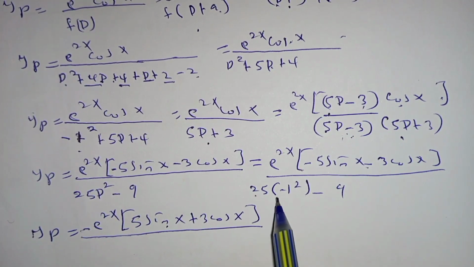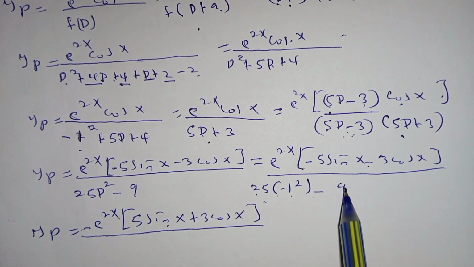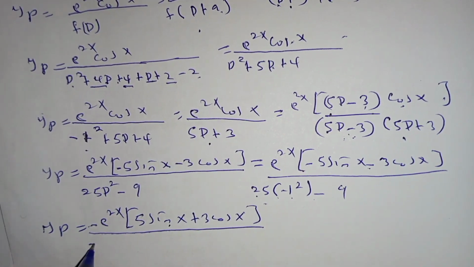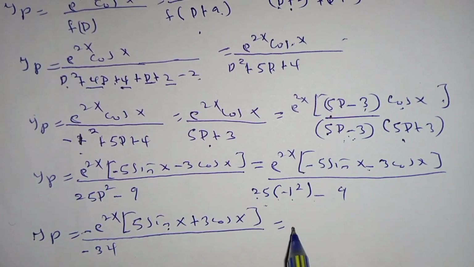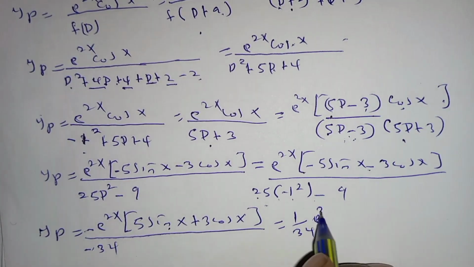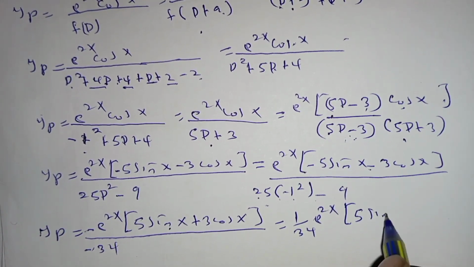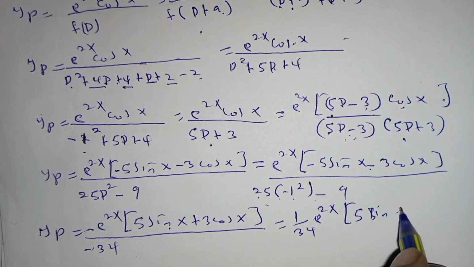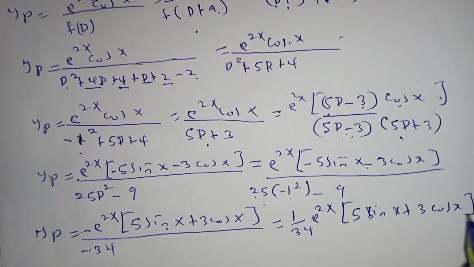Here you have 25 times negative 1, which will give you negative 25, plus negative 9, which will give you negative 34. This is the same as 1 over 34. This negative will become positive. Exponential x into bracket 5 sine of x plus 3 cos of x.